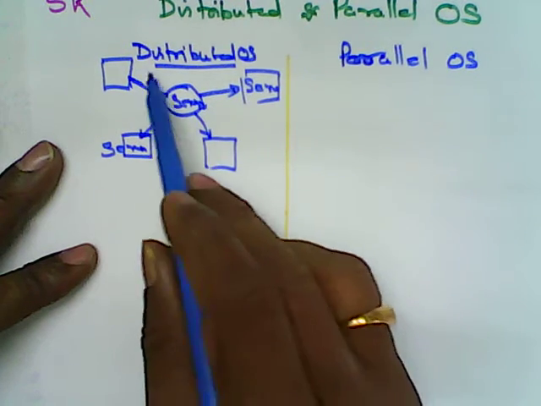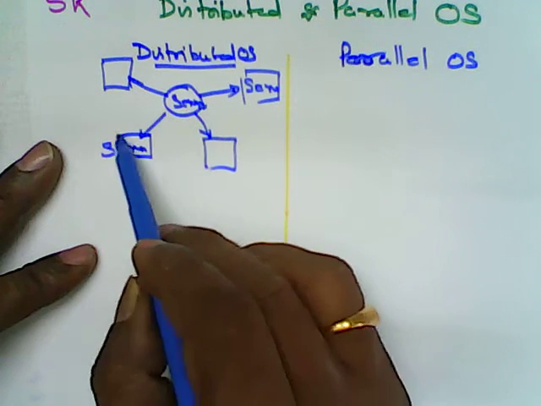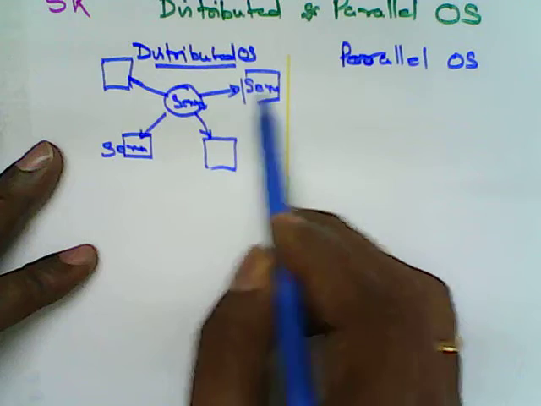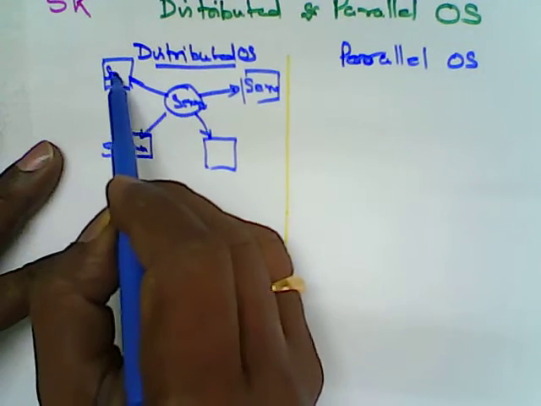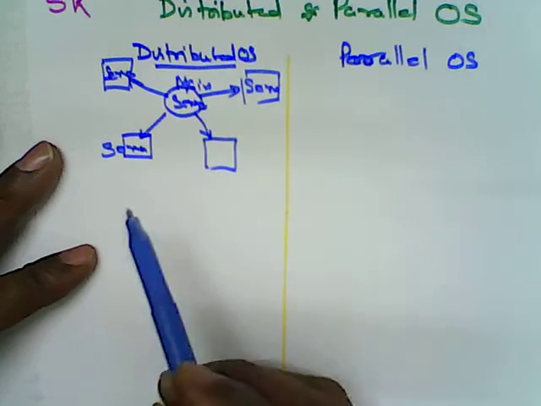So this is known as distributed, where a main server is connected to the clients. All these clients are linked to the main server. So this is known as a distributed operating system.